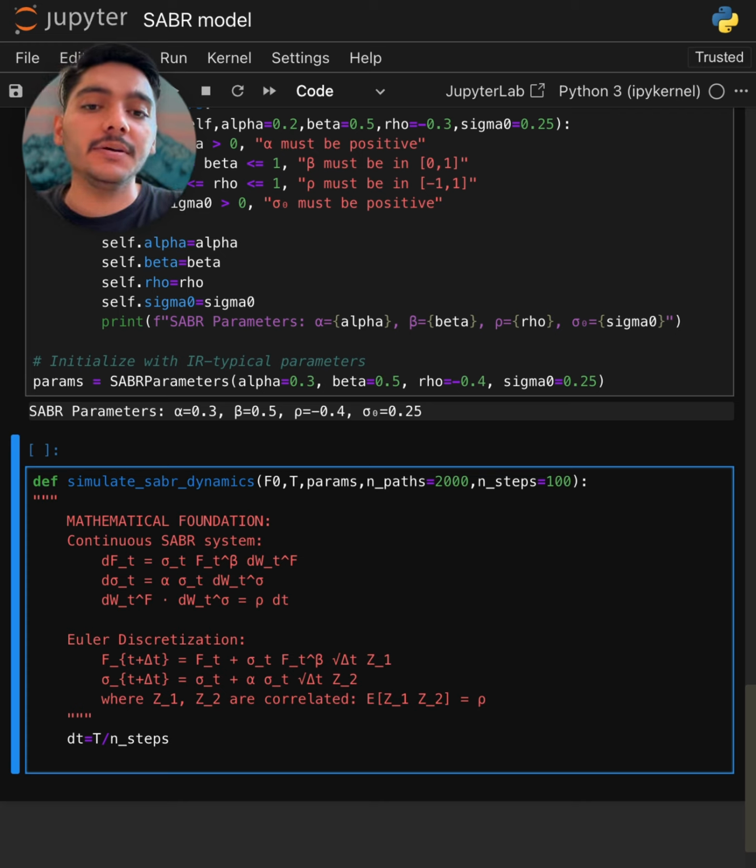Step 2 will be the memory allocation part. Let's pre-allocate arrays for the simulation paths, for efficient memory management in large simulations.